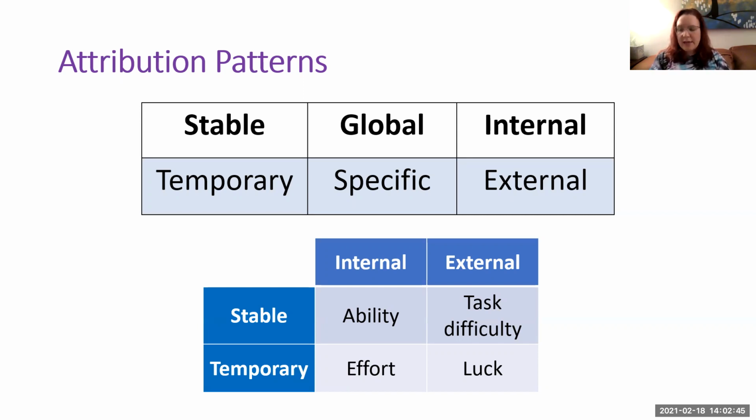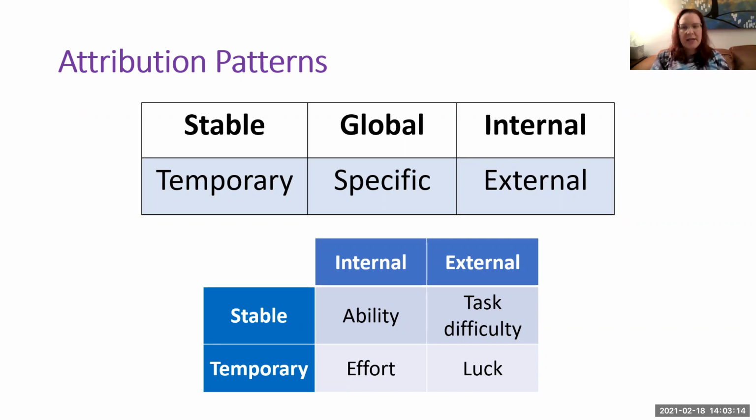On the other hand, we might make a temporary internal explanation that says the reason why a person didn't do well on something like a math test is because they didn't put any effort into studying it. So it's a temporary thing. You can choose to put effort into something or not, but it is about your own choices and your own decisions. So that's an effort that's internally explained.